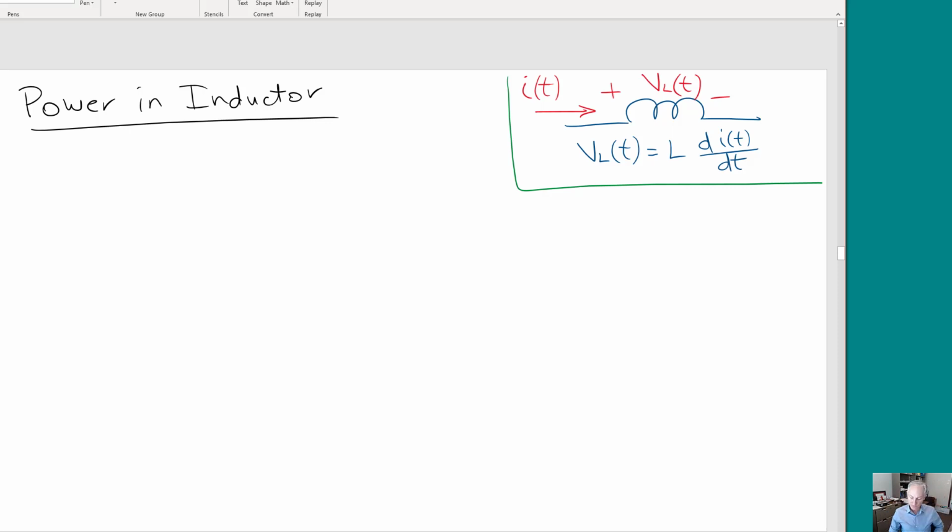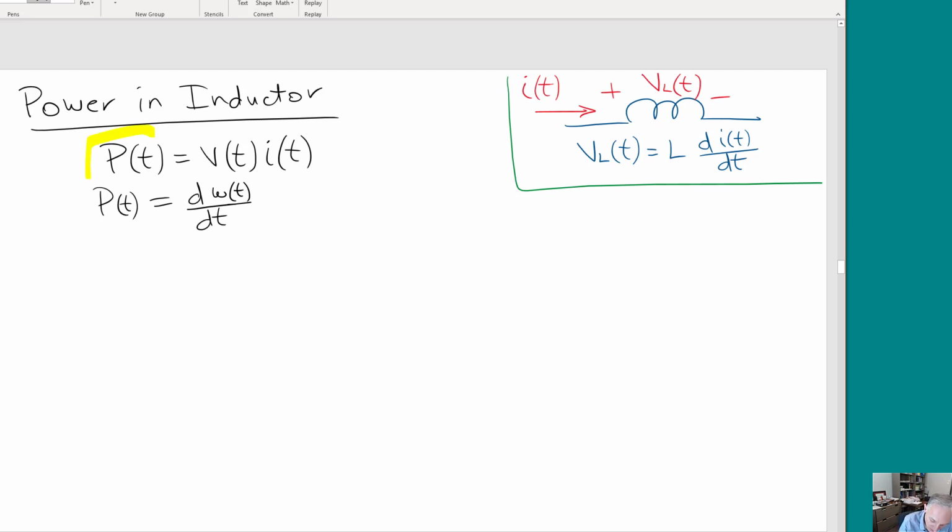Now let us look into the power relationships of the inductor, with this up here just as a reference. Power is equal to voltage times current. This is always going to be true, so it's a super handy relationship.